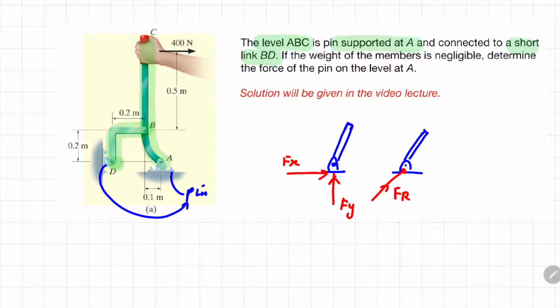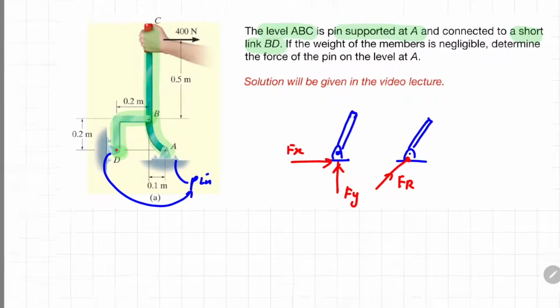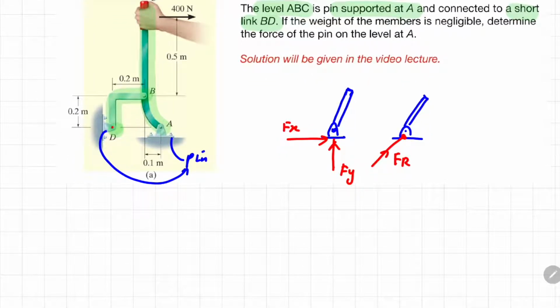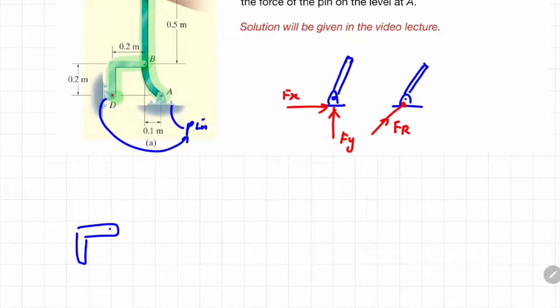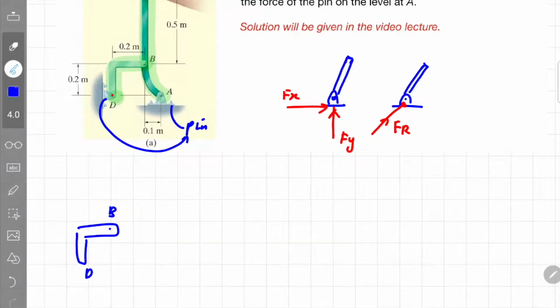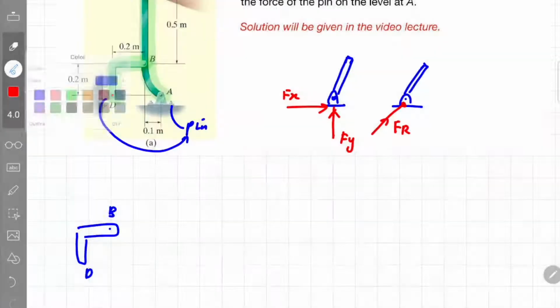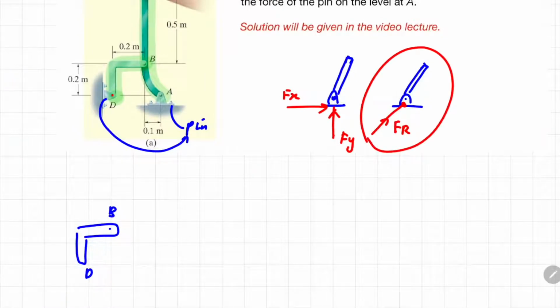In this case, I know my D is actually a pin. So if I were to draw the free body diagram, if I were to free up the components of this particular assembly, this is my support pin of BD, and this is a pin, so I want to draw the support reaction using this kind of support reaction effect.